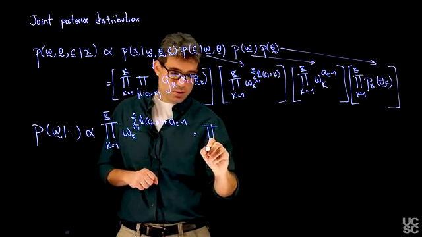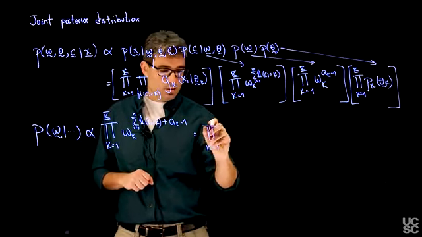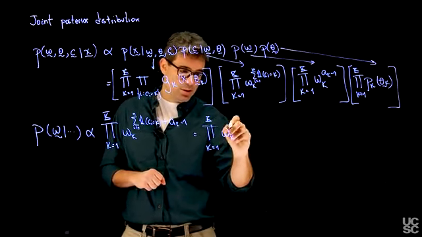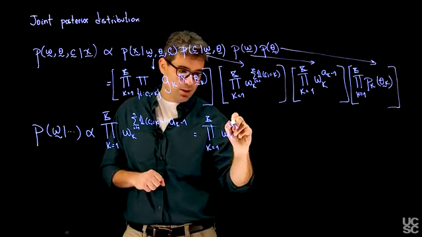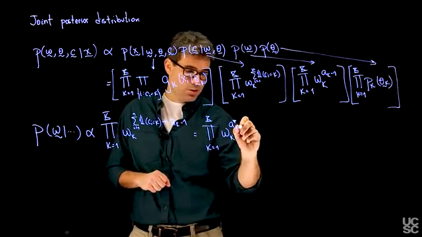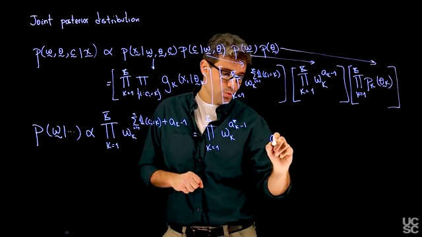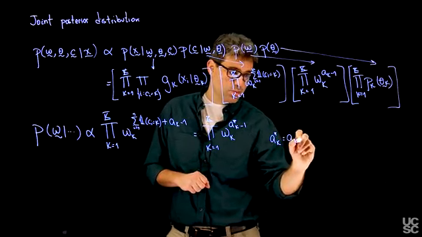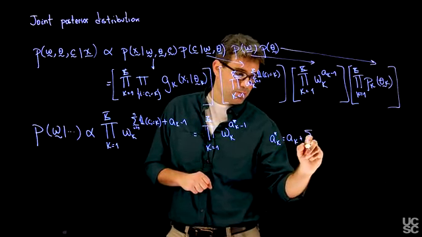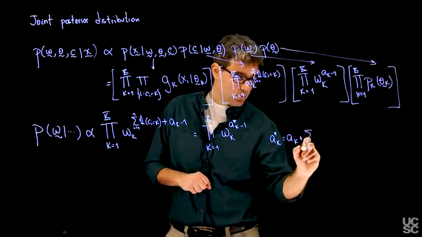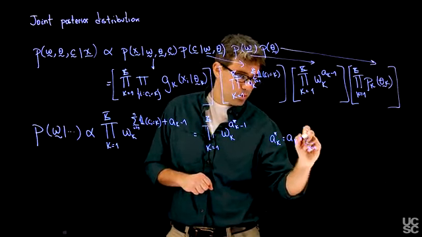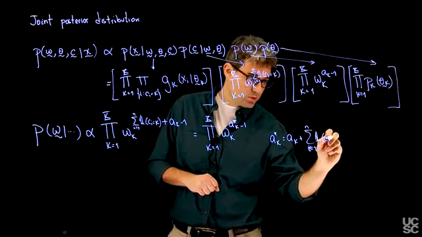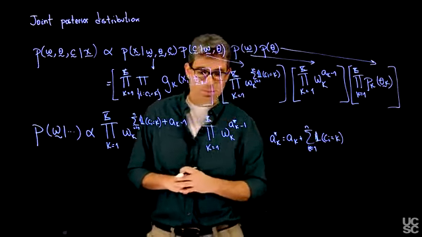So I could write this as the product of omega sub k raised to the a sub k star minus 1, where a sub k star is just the original a sub k plus the sum from 1 to n of the indicators of c sub i equals k.